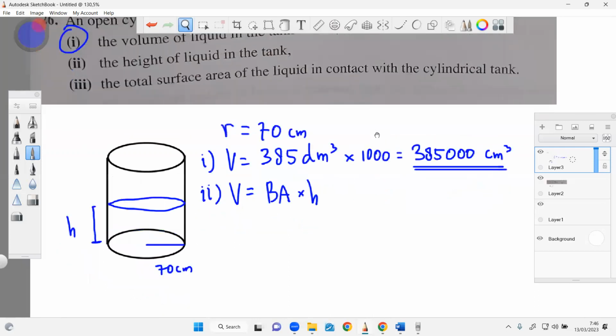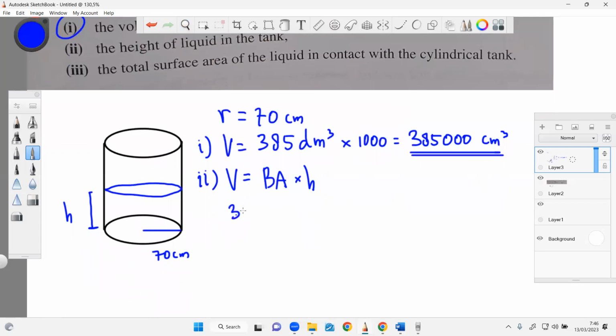Write down 385,000 equals pi times 70 squared times height. The base area is pi r squared times height. Make sense? Because it's a circular base.